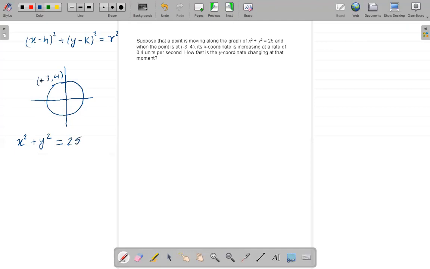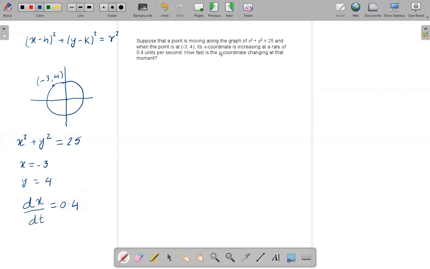And we know that x is negative 3, y is 4, and the rate of change of x, dx over dt, is 0.4 units per second. Let me just write 0.4. We know this information from the problem.